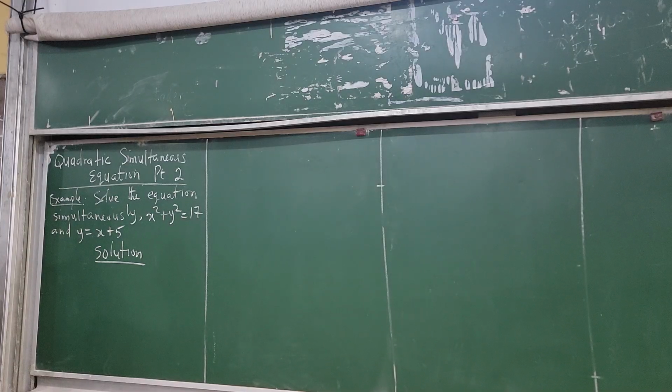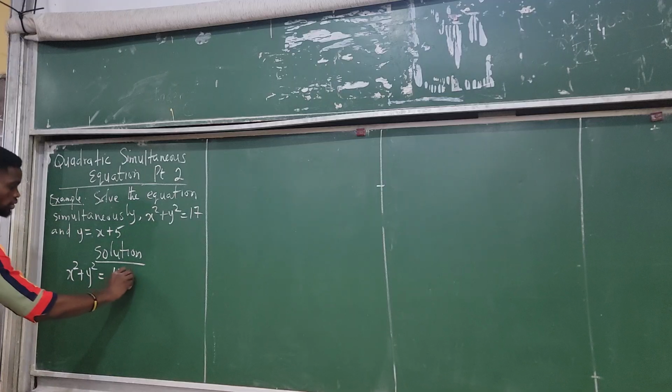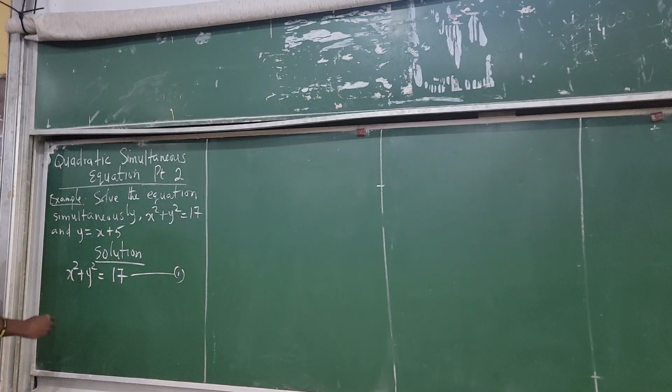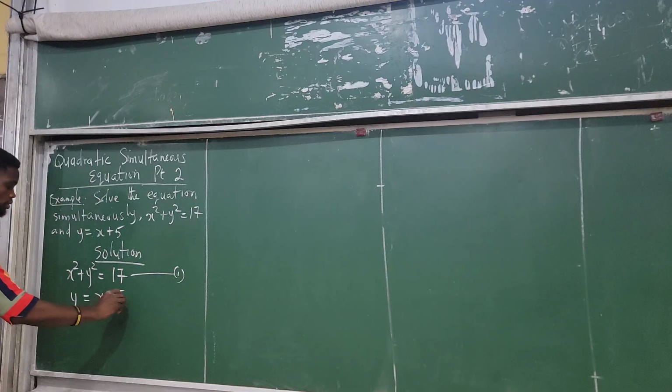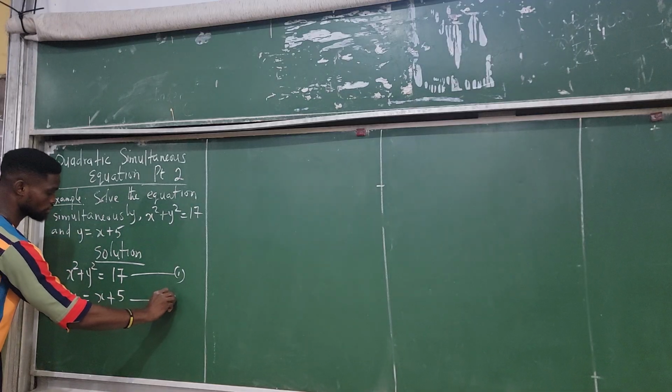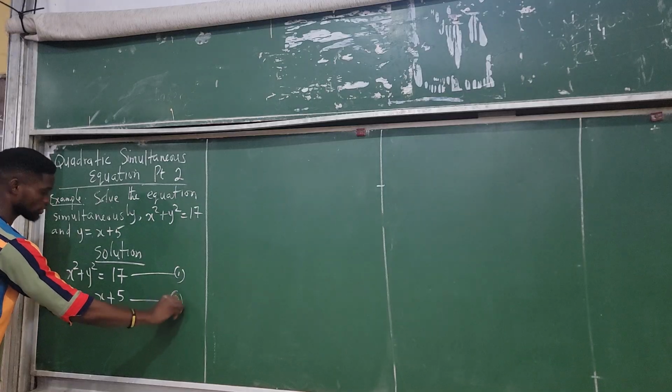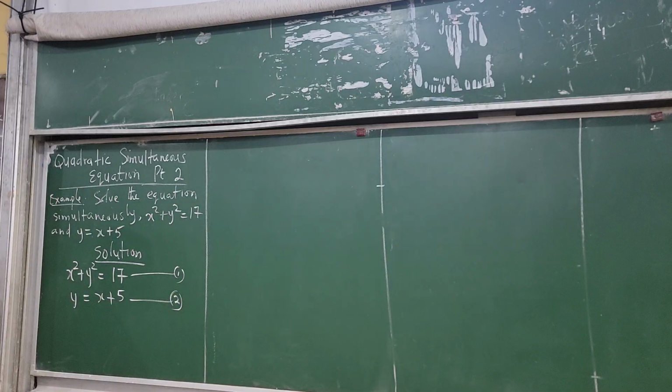We're going to have this as x square plus y square is equals to 17. Call this equation 1. And we also have y is equals to x plus 5. Call this equation 2.